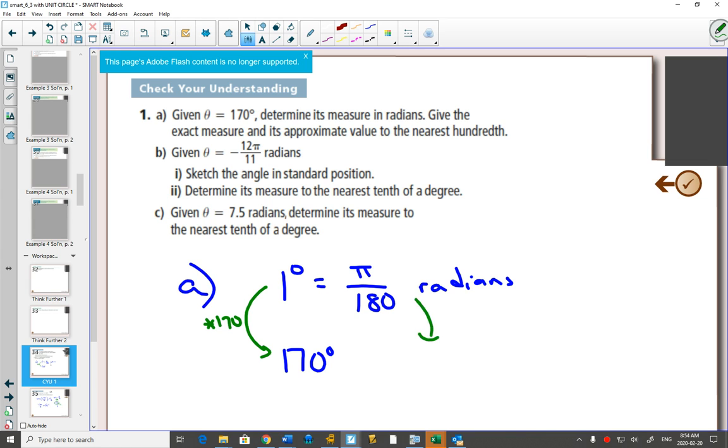So on this side, we multiply by 170 as well. And again, you could reduce 170 over 180 to be 17 over 18. It's not wrong to reduce it. However, you won't lose marks if you don't reduce it. If you left it as 170 over 180 pi, that's perfectly fine.